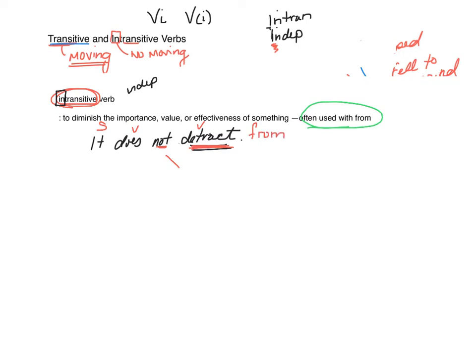So if you want to reassure your friend, what is that new bow not distracting from? Well, it's not distracting from the beauty of the music. It does not distract from the beauty of the music.